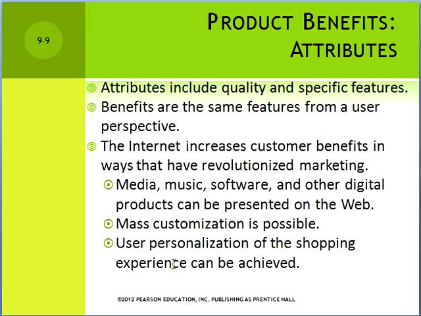So Levi's has come up with this mass customization based on which you give them the measurements and they'll take care of it through the 60,000 such measurements available in their computer, and they can sew one pair of jeans for you and ship it to you. Of course, in that case, you are willing to pay extra because this has been sewn just for you. User personalization of the shopping experience also can be achieved as well.